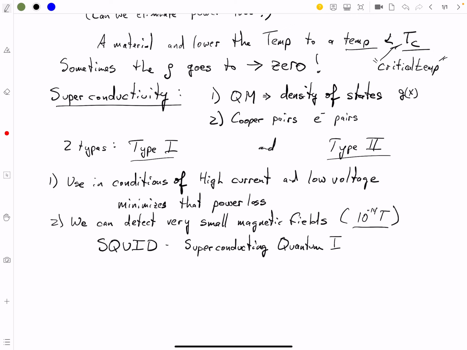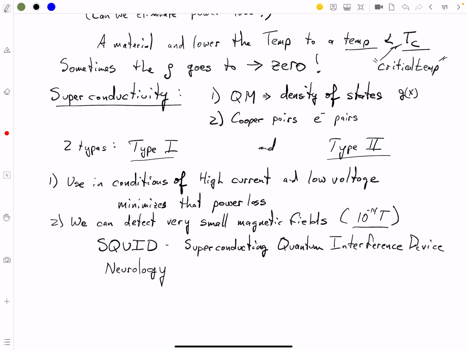Not interface, interference. I don't know why I always want to put an I there. So device. That's a SQUID. SQUIDs are used often with neurology, brain stuff, right?